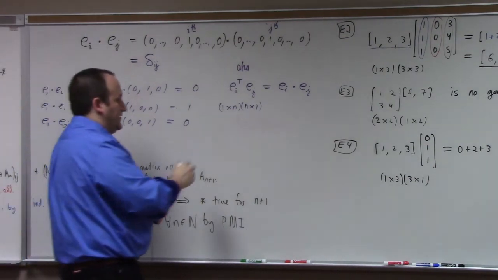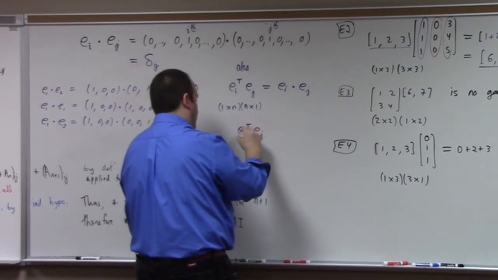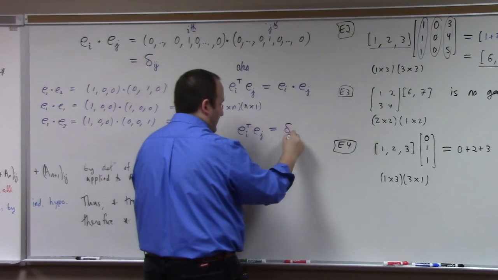But anyway, there's another way we can look at it: e_i transpose times e_j. This is Kronecker delta ij.